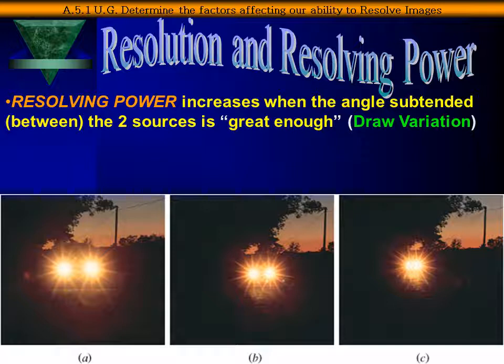If you think back to the slide that had the hang glider, when the hang glider was close enough to the two objects on the ground, the angle, that word subtended, is here again. So the angle subtended was big enough. When that angle is big enough, then you can discern between the two objects. You can resolve them. Remind me to show a few drawing variations of this in class the next day.